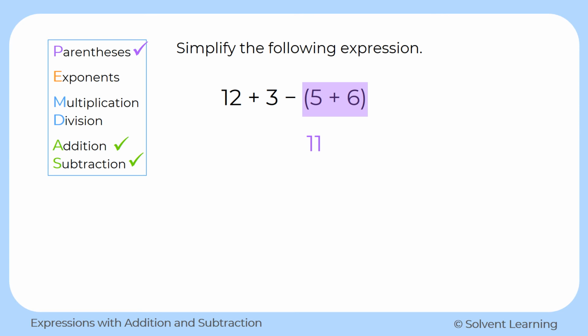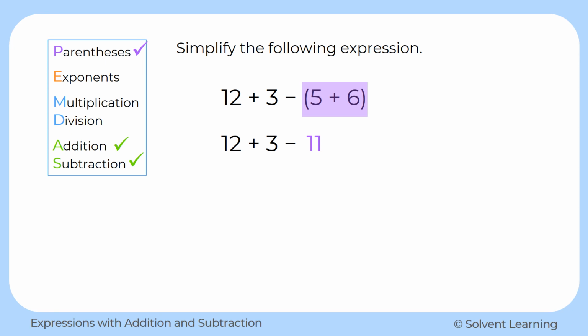Okay, so we're going to solve this one step at a time and move from one line to the next as we keep simplifying it. So for now, I'm not even going to do anything to the 12 and 3 yet. I'm just going to bring them down. Okay, so now I have 12 plus 3 minus 11.